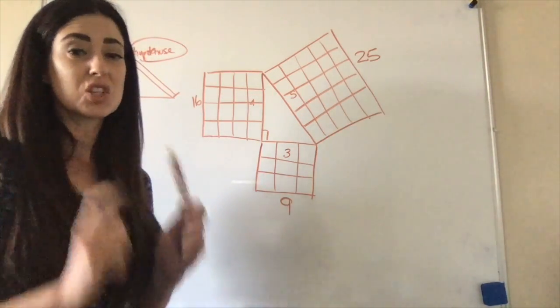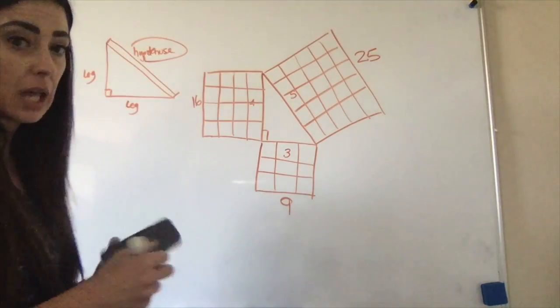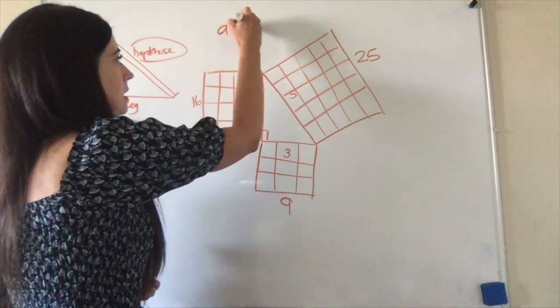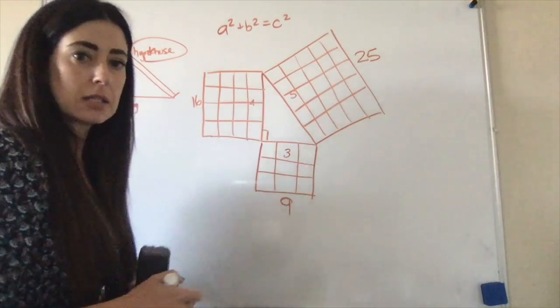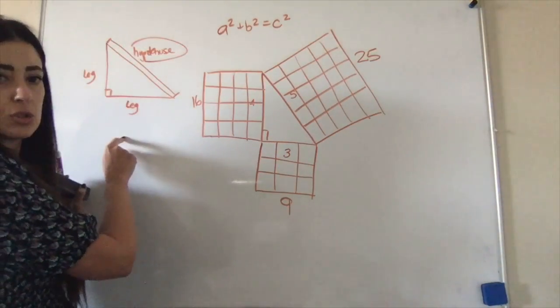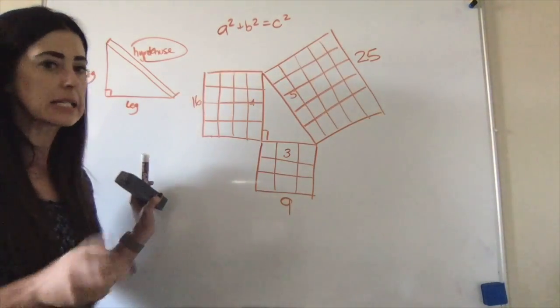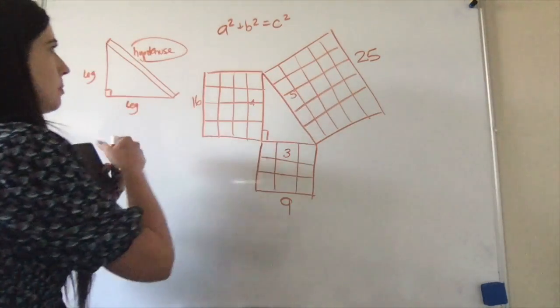Yes, this is a universal truth about right triangles. So the formula for the Pythagorean theorem is a squared plus b squared equals c squared. The legs of the triangle, the other two sides, are a squared and b squared. It doesn't matter what order you put them in. C is always the hypotenuse.